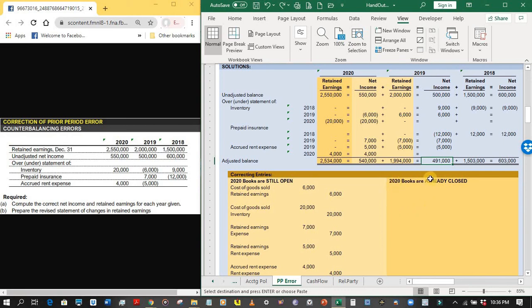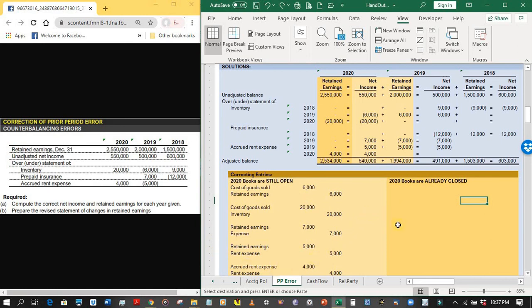So it means that when we prepare the correcting journal entries, this would only include two journal entries. Or you can prepare the journal entries if the books are closed by copying all these eliminating entries and replacing all nominal accounts with retained earnings.